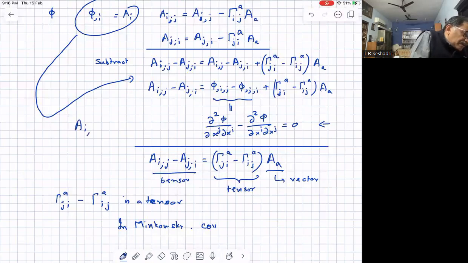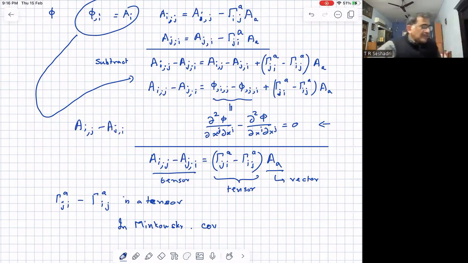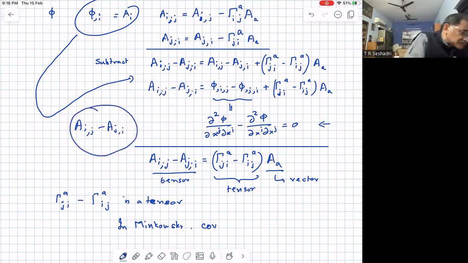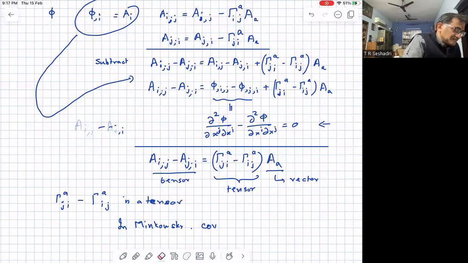I will have A_{i,j} − A_{j,i}. If A_i is not a partial derivative of a scalar, I can't cancel this out. You understand? Yeah, got it. I was just looking at the transformation of the Christoffel symbol and got confused with this.